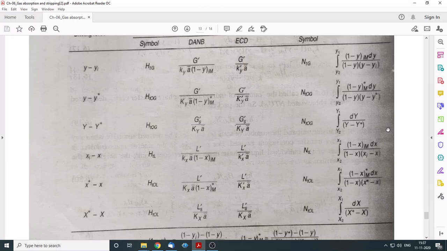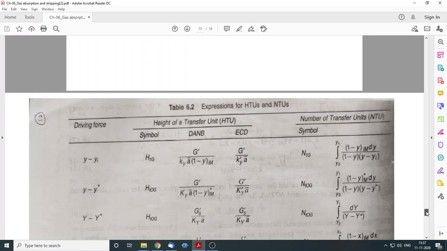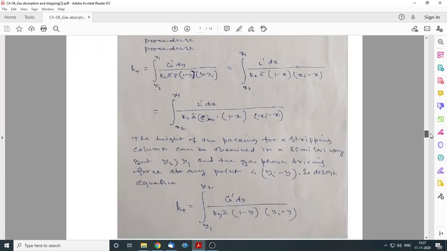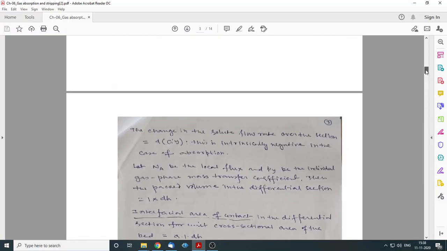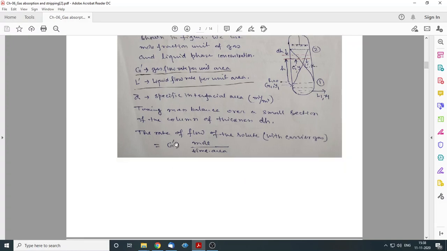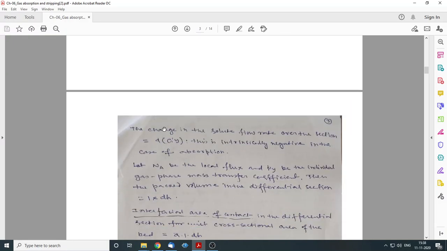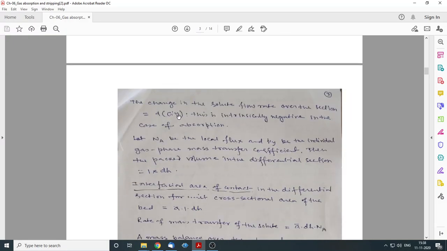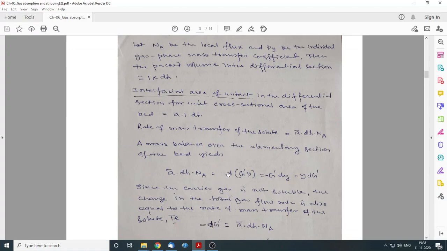If you understand what I am telling. So if you take it in terms of mole ratio, then what will happen? That will be G dash S into capital Y. Now if you change this one, G dash S capital Y, then this differential will be only G dash S dY.